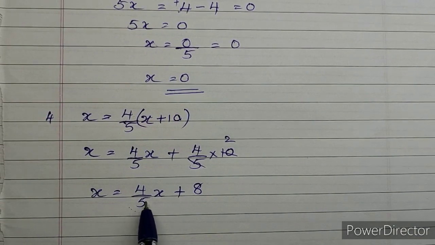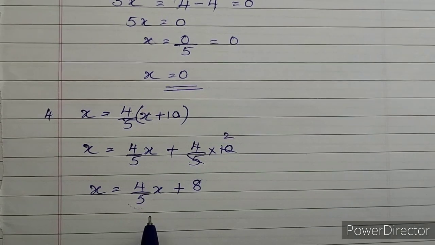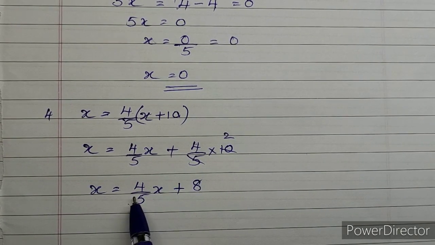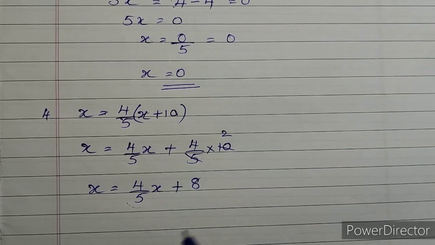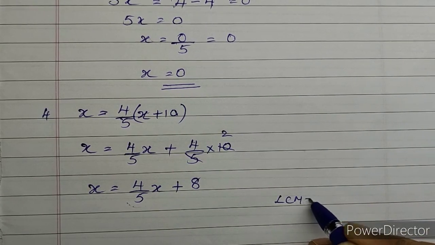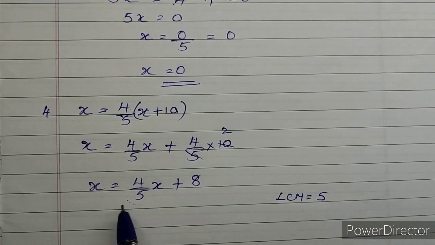Now since the fraction has come, you have to take the LCM. Instead of taking the LCM, here one easy method is there. The denominator is only 5, so the LCM will be 5 only. Now multiply each term by the LCM.